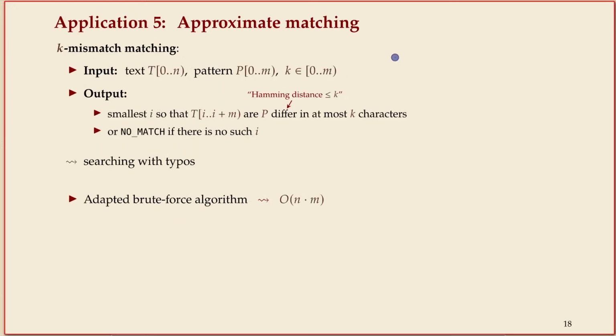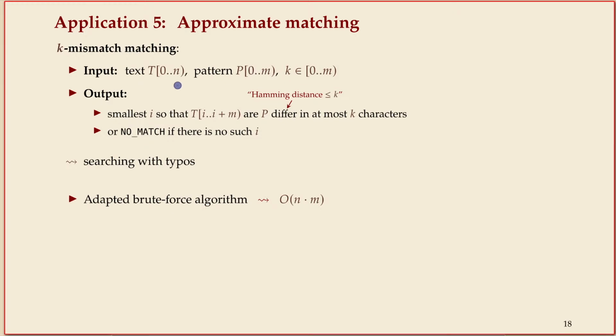And the first application that uses this is something where we want to find approximate matches. So far, whenever we talked about string matching, we were interested in finding exact occurrences of the pattern in the text. There are many applications where it's desirable to allow little typos and so on, or a bit of noise. And the simplest version of that problem is the k-mismatch matching problem.